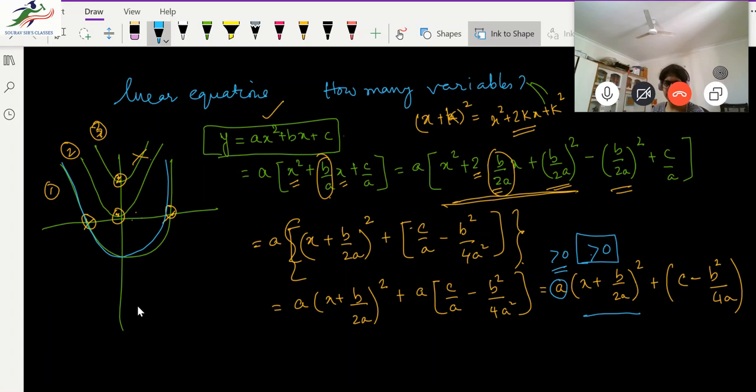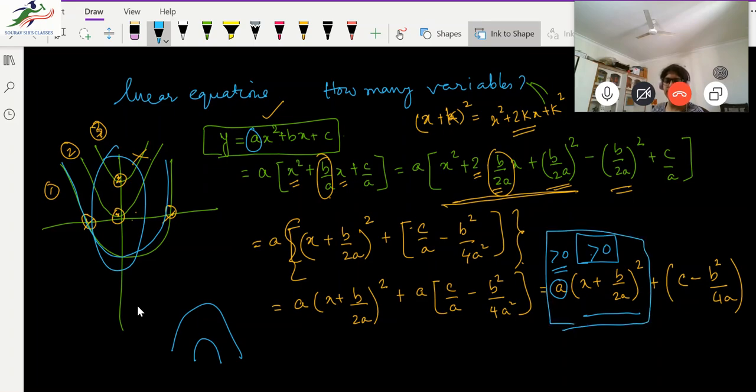The coefficient of x square is greater than 0. If it is negative, then the curve will look like this, so the logic will remain the same, but we will first establish this for a greater than 0, and then we can prove it for the other way.